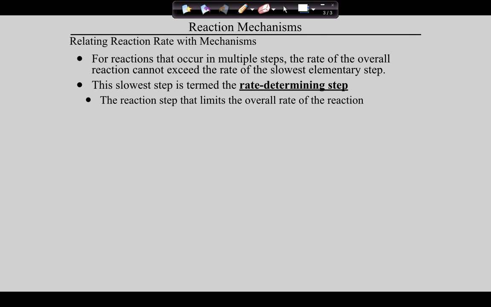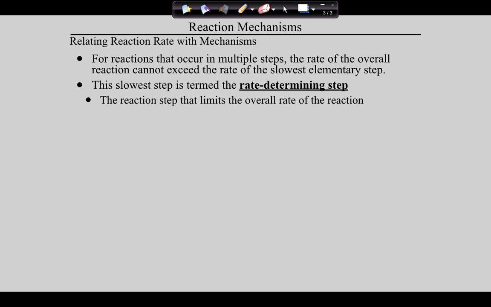So guys, the last thing that you need to understand is this concept of what is called a rate determining step. For reactions that occur in multiple steps, multiple elementary steps, the overall reaction cannot go faster than the slowest elementary step. And that slowest elementary step has a name.